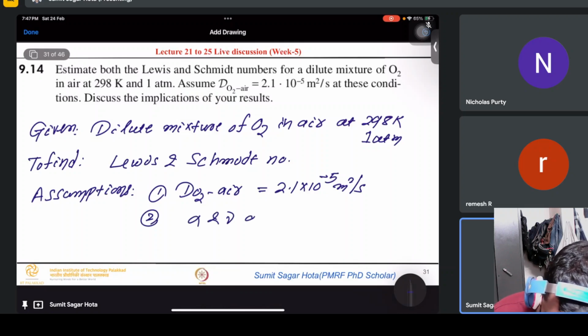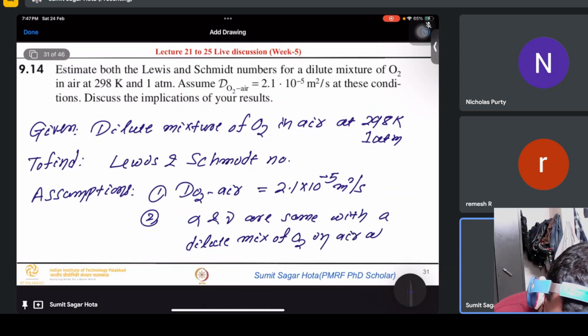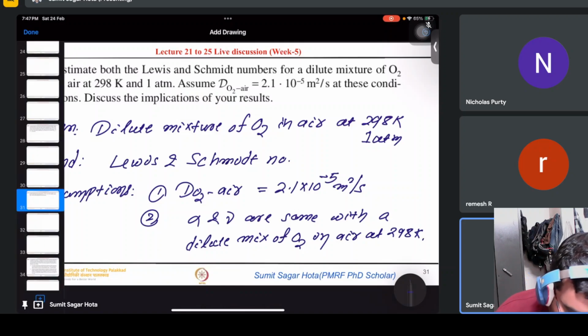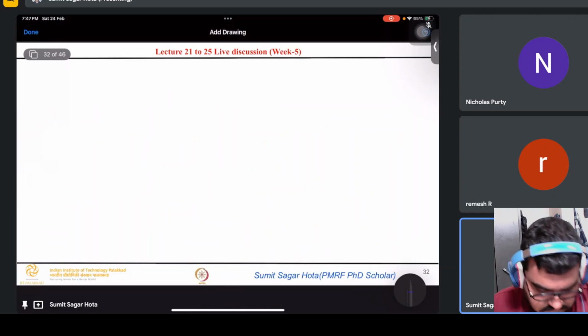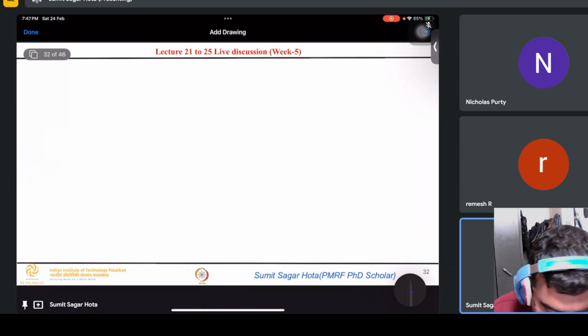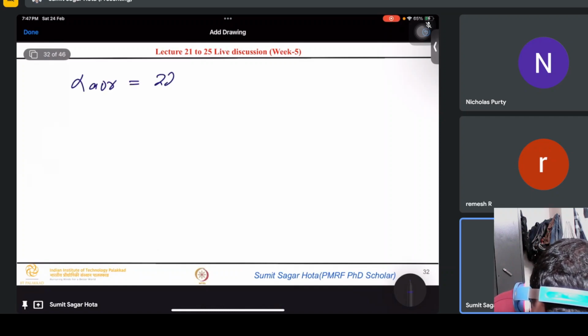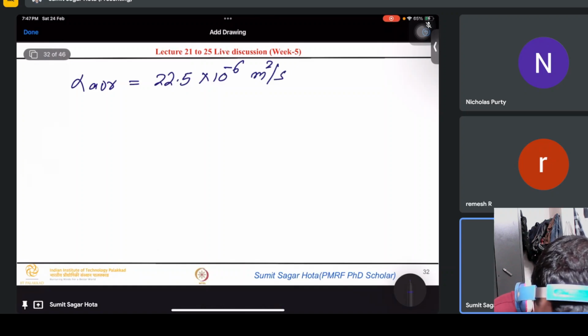Alpha and nu are the same as with a dilute mixture of O2 in air at 298 K. From the book, alpha of air is 22 into 10 to the power minus 6 meter square per second.